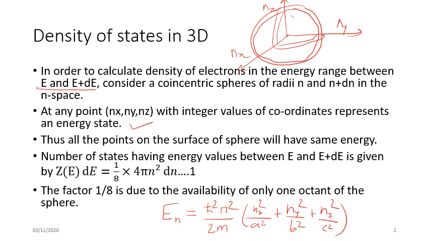This is our energy eigenvalue for the three-dimensional potential well with dimensions a, b, and c, where nx, ny, and nz are positive integers.